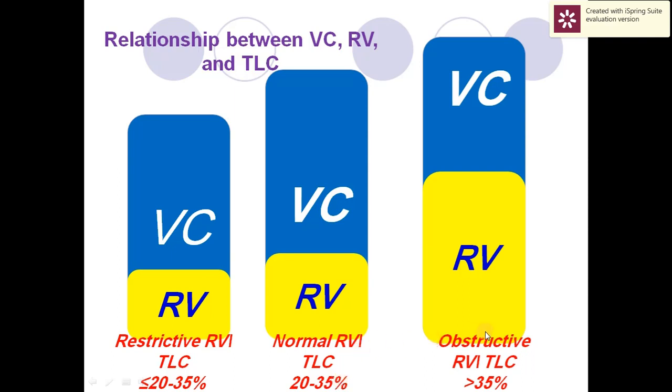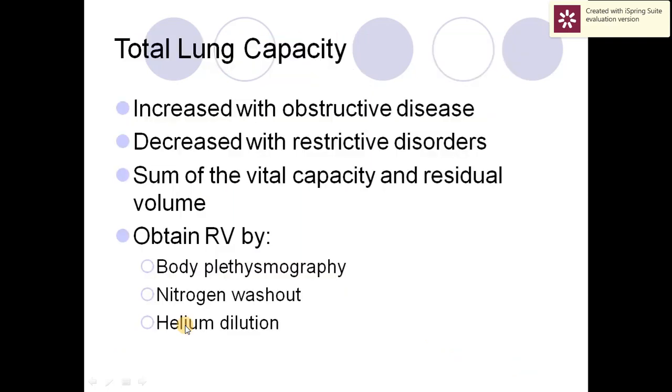In obstructive lung disease إذا كان residual volume in relation to total lung capacity أكثر من 35%, it is increase in residual volume. And if there is less than 20%, it will be in restrictive lung disease. Total lung capacity increase with obstructive lung disease and air trapping or hyperinflation, and will be decrease in restrictive lung disease. تمام?